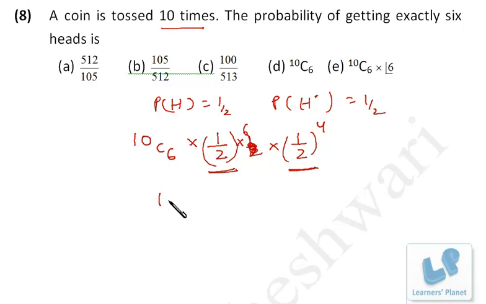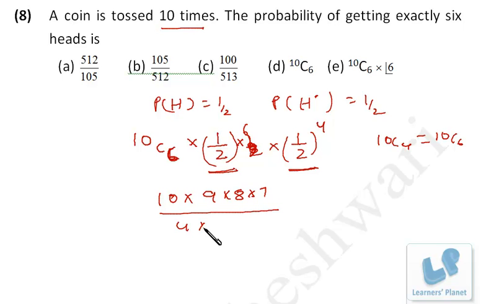So 10C6 is what? 10 into 9 into 8 into 7, or we can say it's 10C4. 10C6 is 10C4 in fact. So I simplify 10C4. So it's 10 into 9 into 8 into 7 by 4 into 3 into 2. And that's 1 upon 2 raised to 10. Right? 6 plus 4, so it's 2 raised to 10.